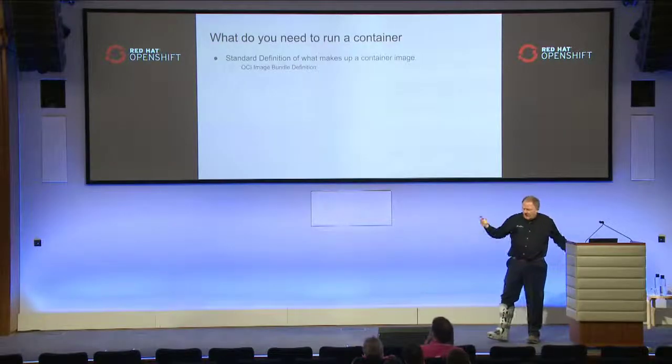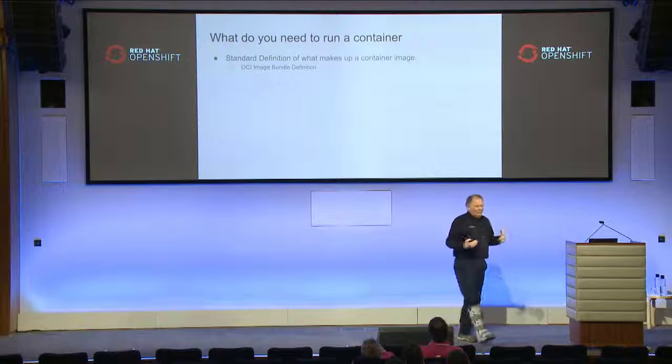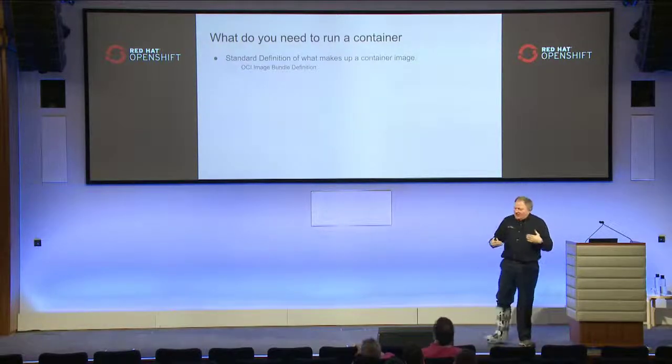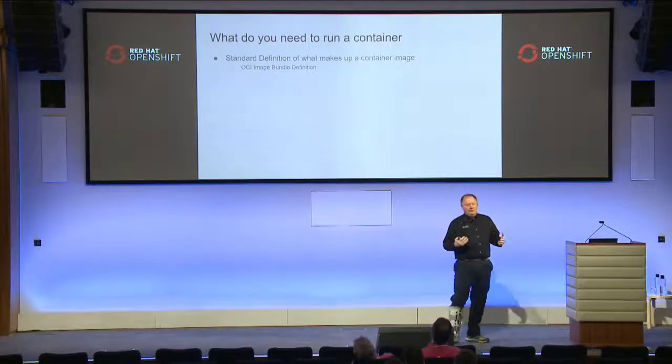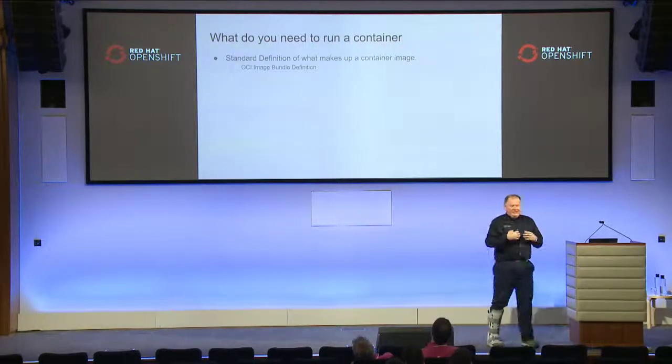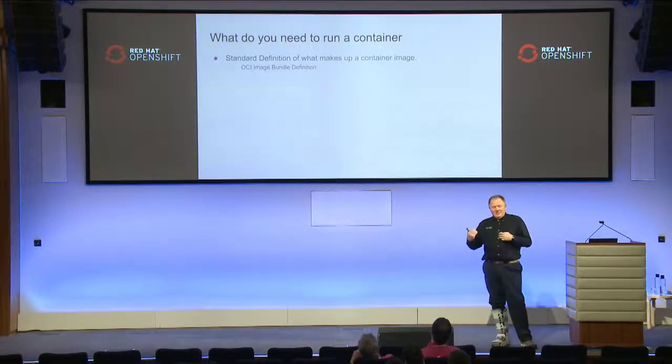So as I talked last year, I talk about what do you need to be able to run a container. First of all, you need a container definition, and luckily for us, that has been standardized. There's a standards body called OCI, Open Container Initiative, that defined what a container image is. It's a tarball and some JSON file, and the JSON file describes what's in the tarball.